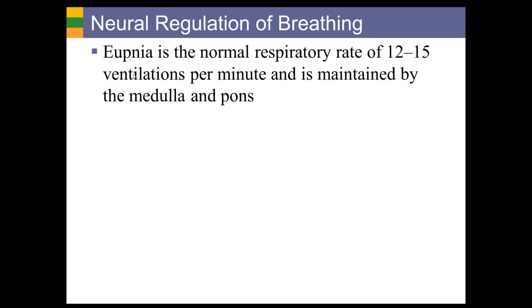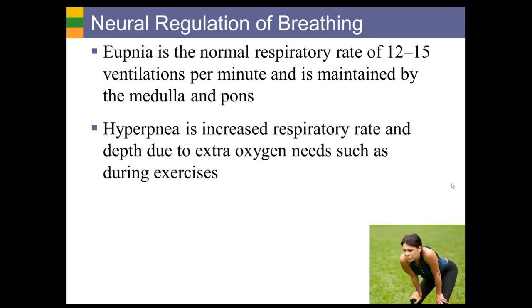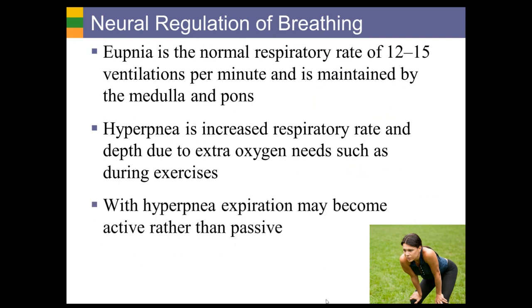A couple of terms here. Eupnea is normal respiration rate, typically between 12 and 15, right? That's the rate of breathing that you probably have right now. Hyperpnea is when there is an increase in respiration rate due to an increase in oxygen needs, such as occurs with exercise. Your muscles are working more, they need more ATP, therefore they need more oxygen, right?